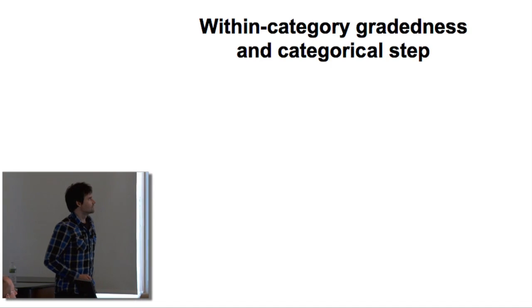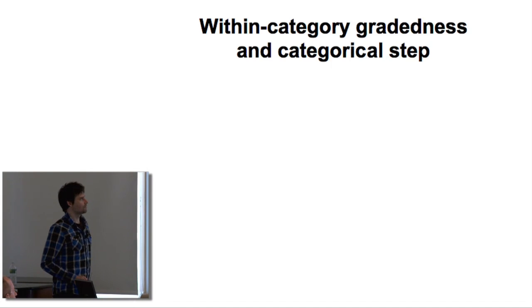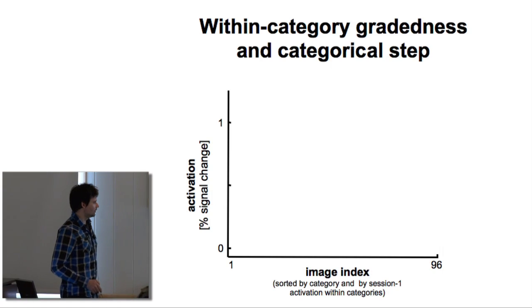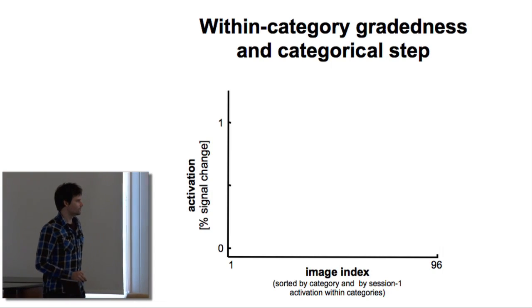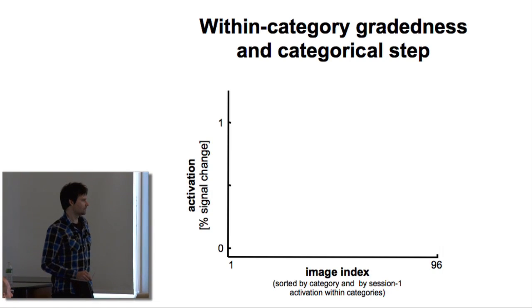So the second question is the question of within-category gradedness and categorical step. The way we've looked at that here is by sorting the images first by category, putting the preferred category first, and then by session 1 activation within the categories.